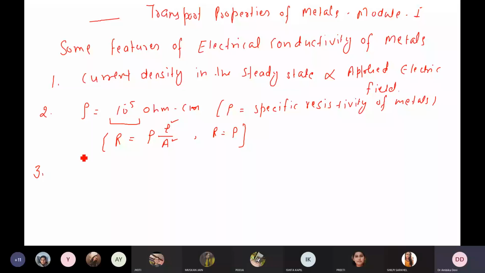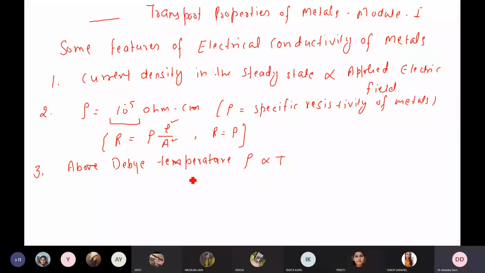Then the third one is, above Debye temperature, the resistivity of metals increases linearly with temperature. Means above Debye temperature, resistivity is linearly proportional to temperature.